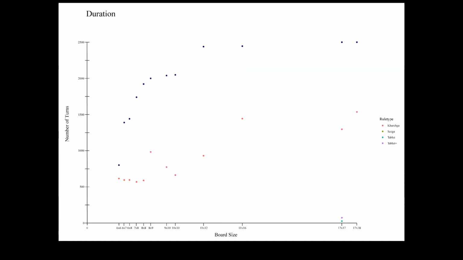So it quite quickly reaches that upper limit. Whereas for Karebga, it increases, but not quite as dramatically. But also looking at the tableau, it takes very few turns to play that. So that also might be an indication that at least the way that we put those rules on that board might not be a really good solution.